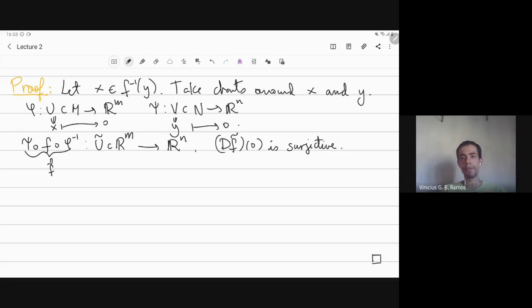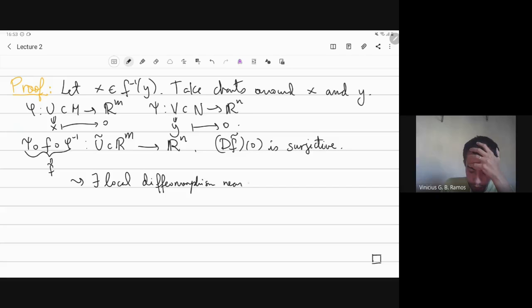Okay, and now we use the implicit function theorem or the inverse function theorem. I mean, they're equivalent, whichever one you're more familiar with, to say that there has to exist a local diffeomorphism near 0 in Rm, which I'm going to call G, from u tilde to u tilde.